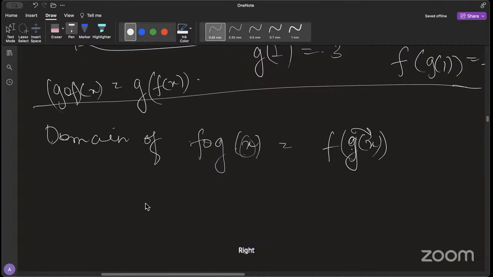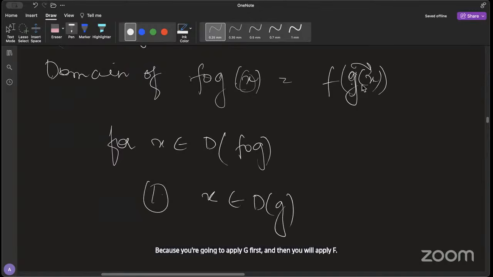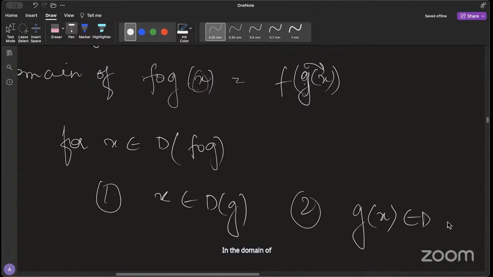So the first condition is that x should be in the domain of g, because you're going to apply g first and then you will apply f. And the second condition is that g(x) should be in the domain of f, right?